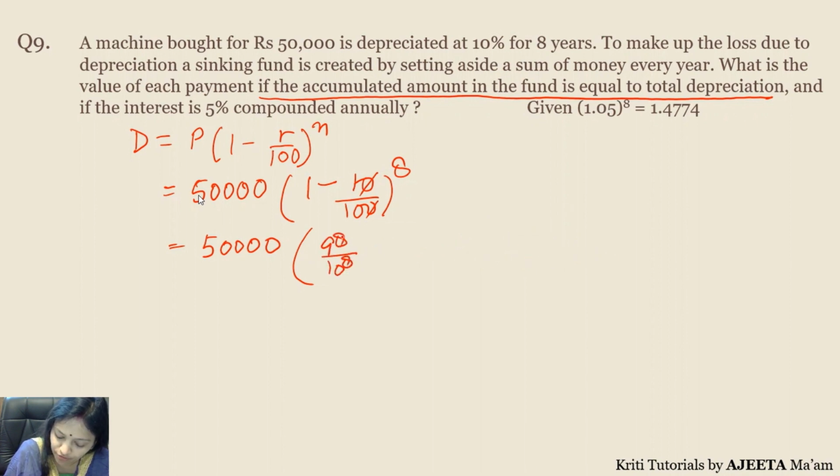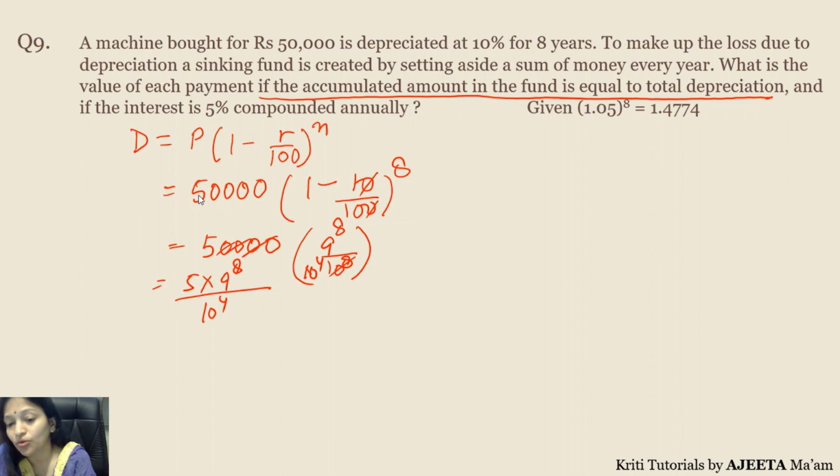Now this is what we have to calculate. Okay? So this is what we have. Now if I just calculate with a calculator for this, 4 zeros will cut out. So 10 to the power 4. So what do you get? 5 into 9 raised to 8 upon 10 raised to 4, right? So you can cut one more 5 with this and then get your answer.